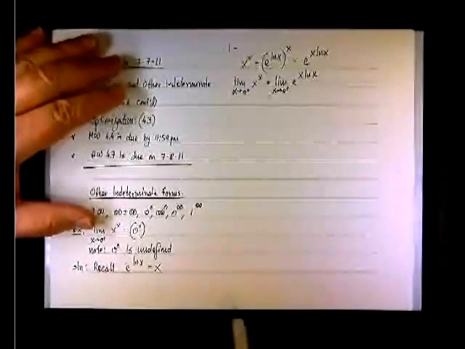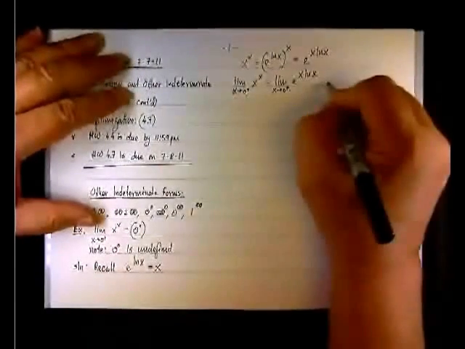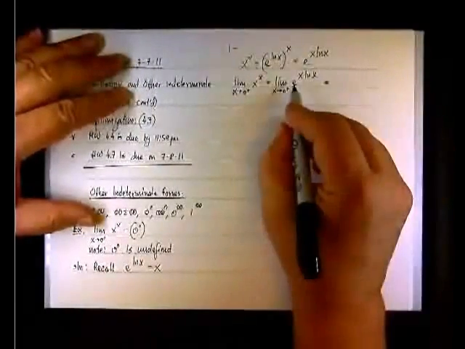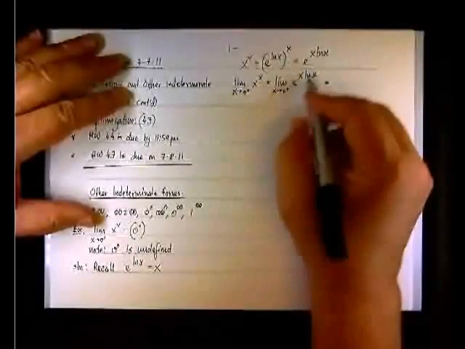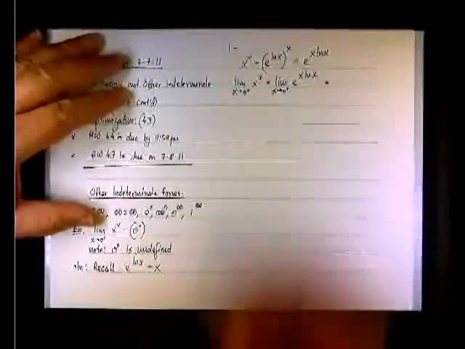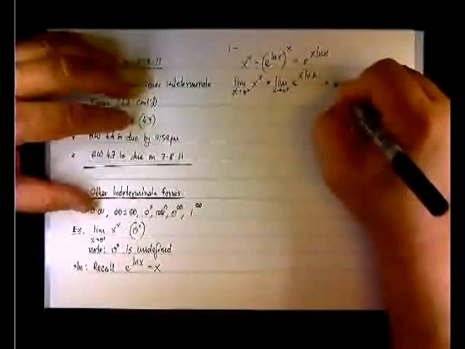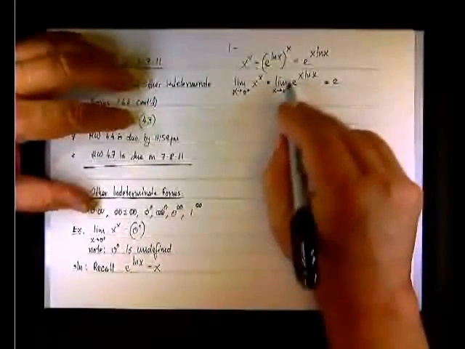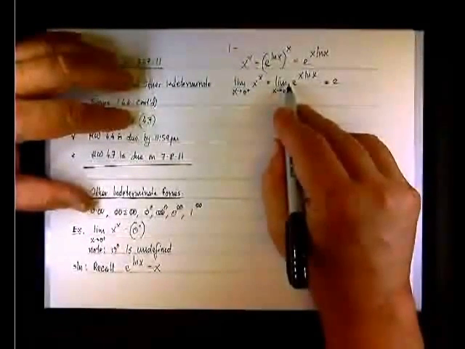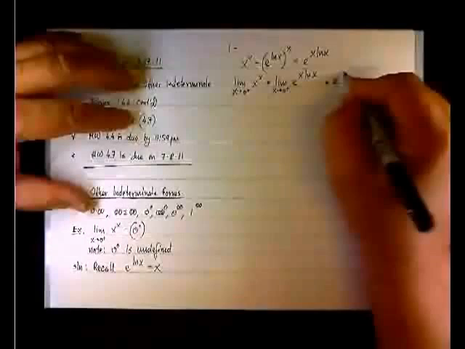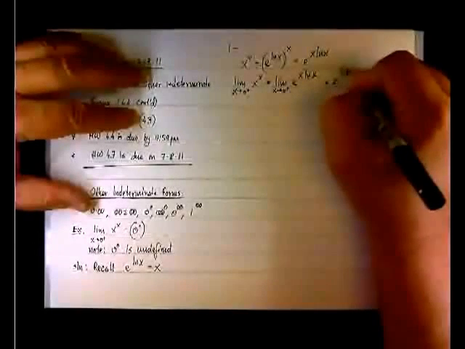And then use the property of the limit: if you have the limit of e to the power of f, then it equals e to the power of the limit. If you recall one of the properties of the limit, we move the limit from here to the power.